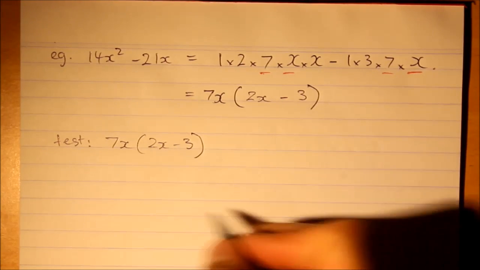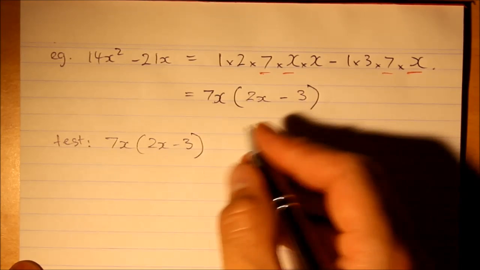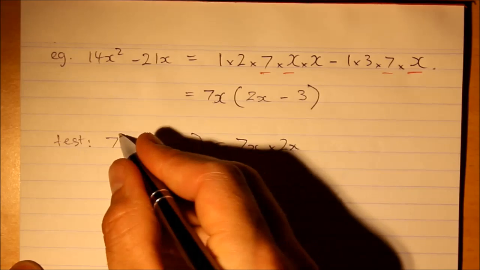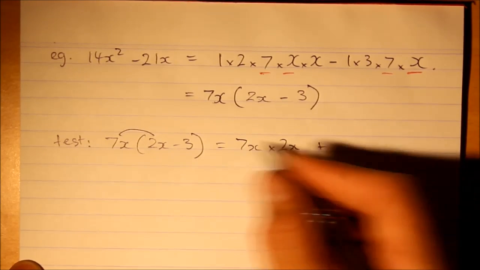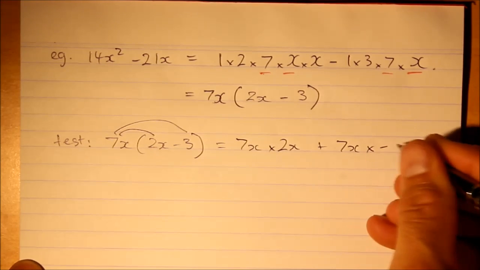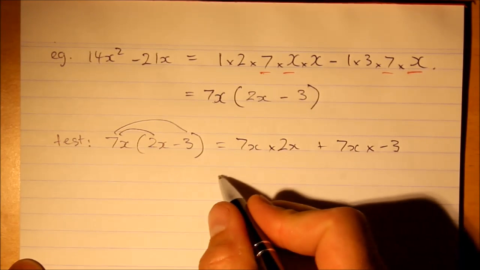Okay, and we are going to expand this. I'll write it out. 7x times 2x, that's that part, plus, and then the next part, 7x times -3. Let's have a look.